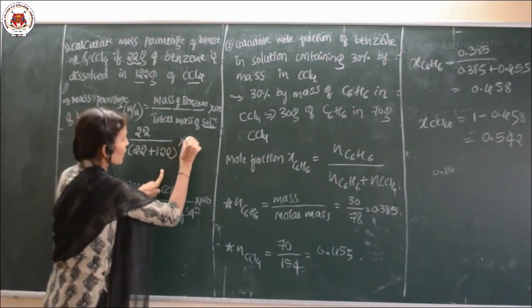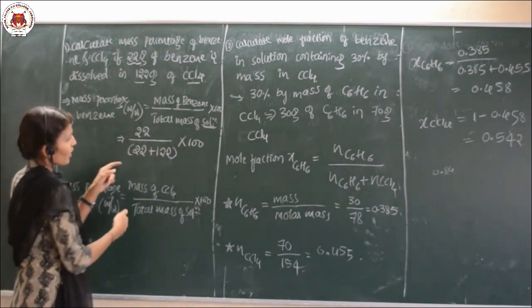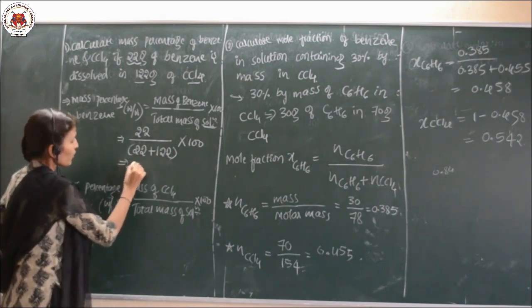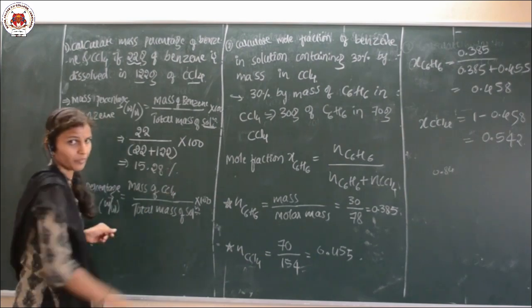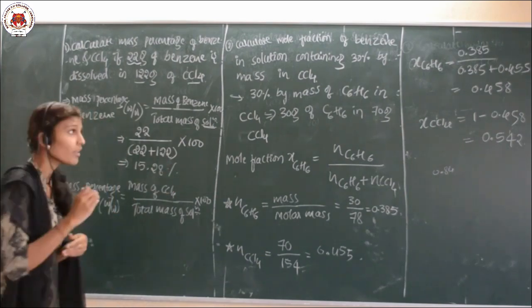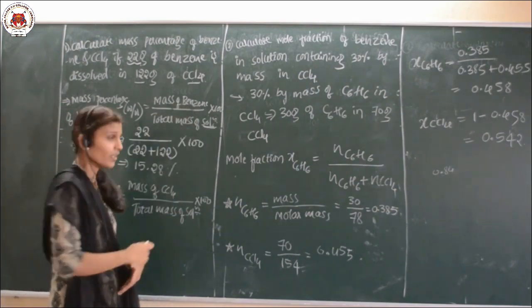So, into 100. If you go on calculating this, you are going to get 15.28%. Okay, so this is the mass percentage of the benzene: mass of the benzene divided by the total mass of the solution into 100.